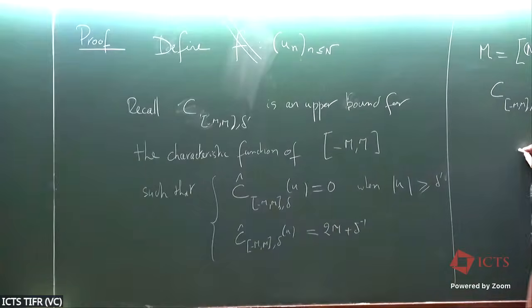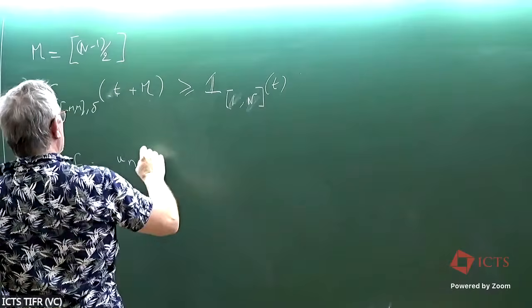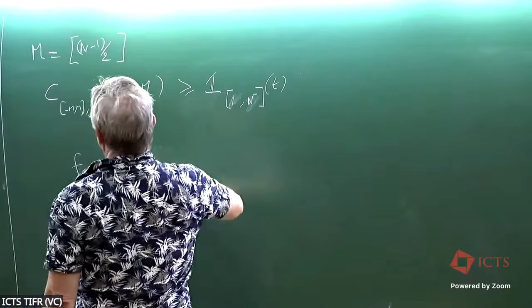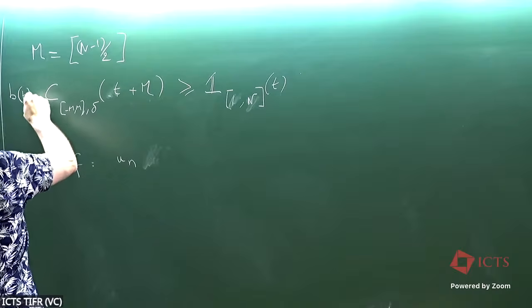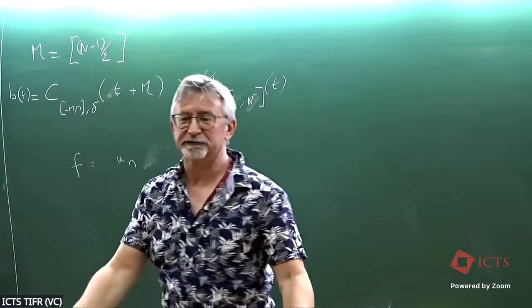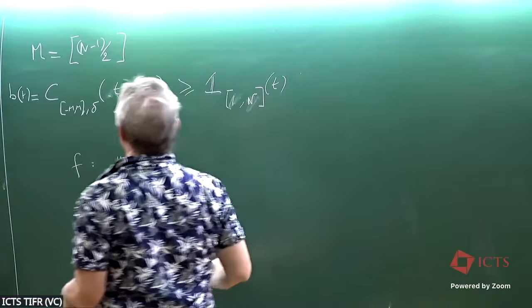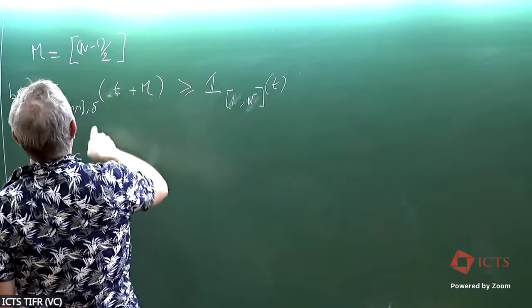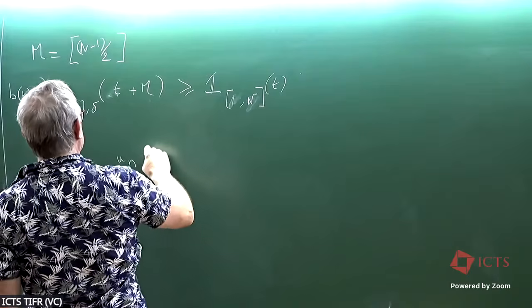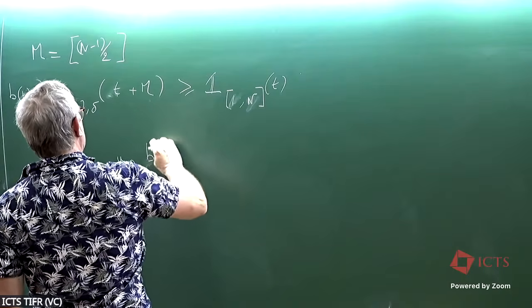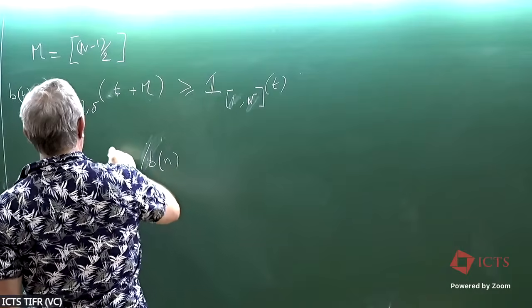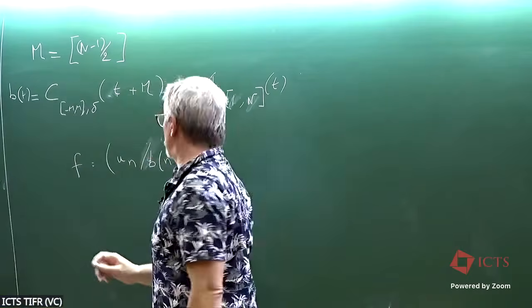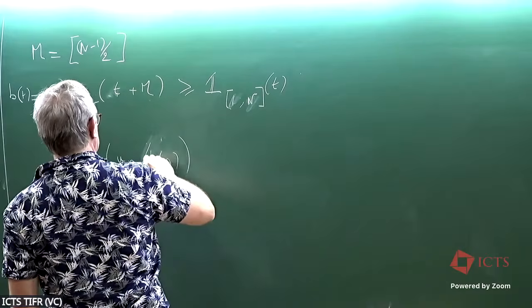I'm going to take f to be u_n, I will call it b of t, because I don't want to take all my indices. I'm back to my delta, I'm sorry. So u_n times b, no, it's better, u_n over b of n. That's my sequence, but square root of b of n, sorry.